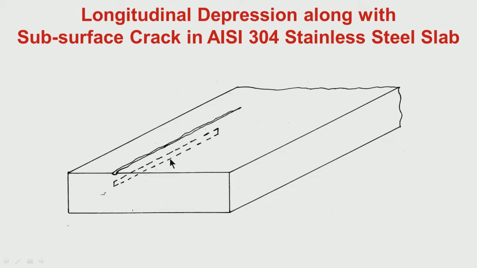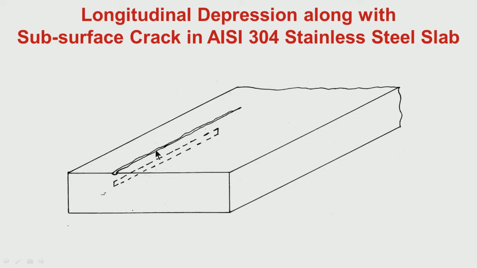Now, why is this a problem area? Because when you will be rolling this material from slab to a hot rolled coil, what we will find is the subsurface cracks will come to the surface, and you have lot of surface defects in the rolled product. So, the defect is basically originating from the cast slab itself, though we are finally getting a crack in the rolled product.